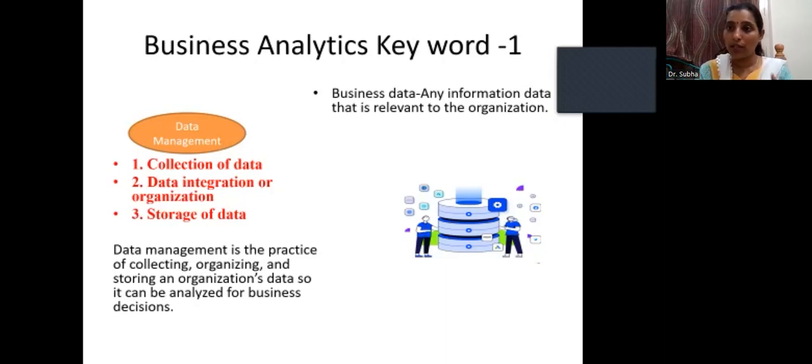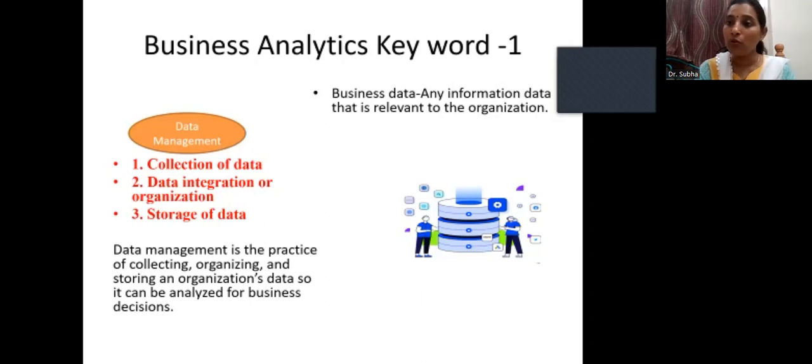The extracted data may have some errors. There may be some duplication of data, and there may be missing values. As a data manager, you cannot analyze the raw data, because you will not get an accurate result. Before sending it for analysis, there is a requirement for transforming the data.